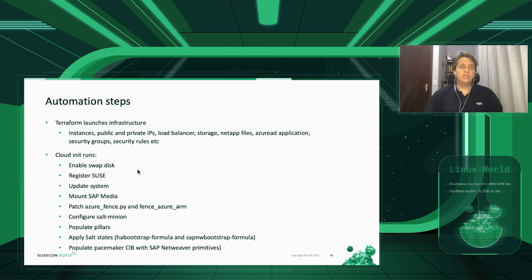First, we enable the swap disk, and then we get the variables inside Terraform to register those machines on SUSE with the customer registration code, and then we can update the whole system and also install the packages necessary for SAP.